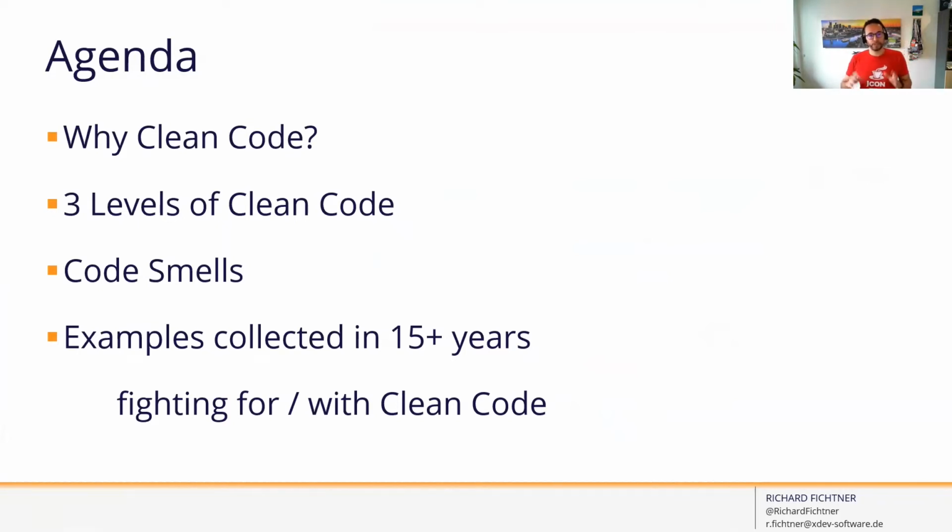This will take about 5 minutes, and the rest of the talk will be examples from 15 years of fighting with or for clean code, real examples and real stories that you can learn from. Okay, we will jump right in.